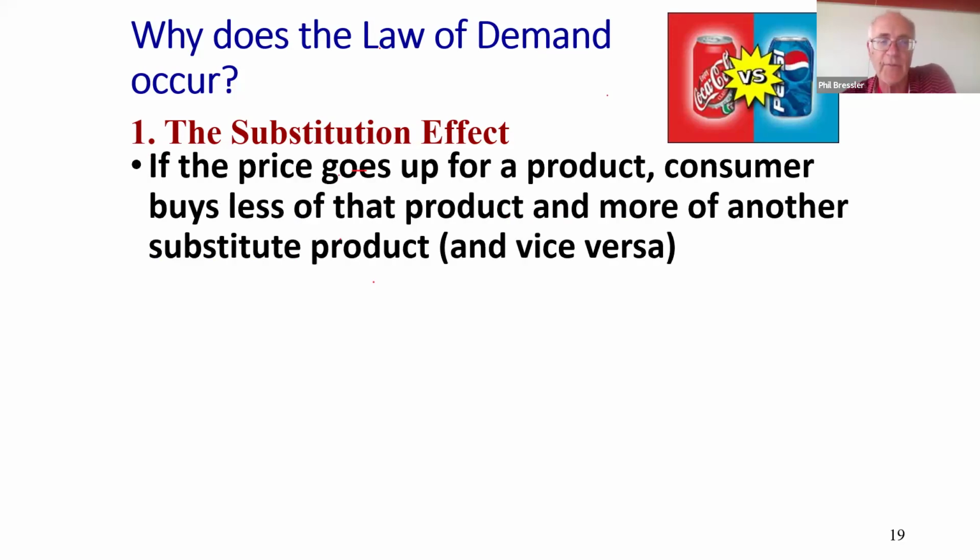So the substitution effect is if the price goes up for a product, consumers buy less of that product and more of another. And that's why quantity demanded goes down. So if the price of Coke goes up, consumers buy less Coke and more Pepsi, so quantity demanded for Coke goes down. Again, I'll give you a second.